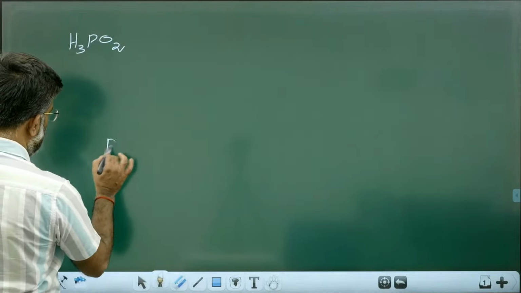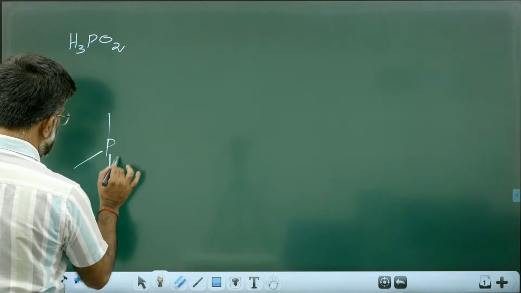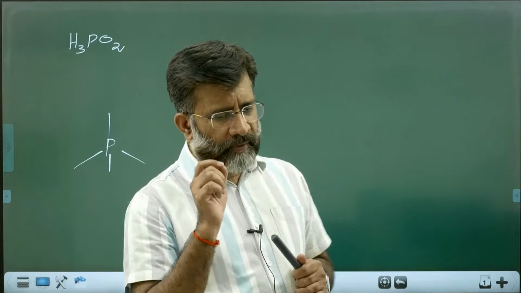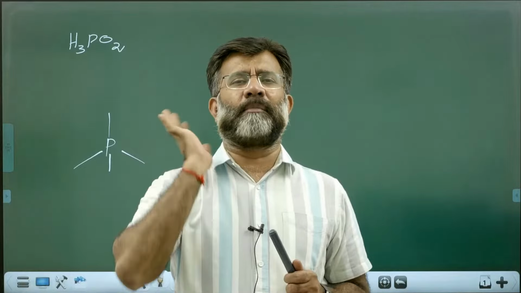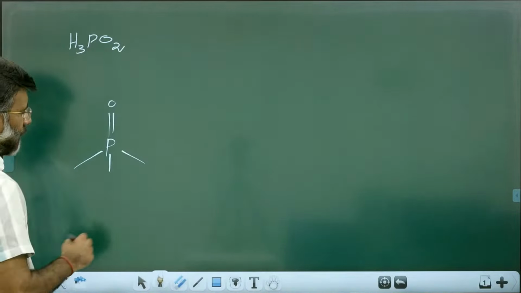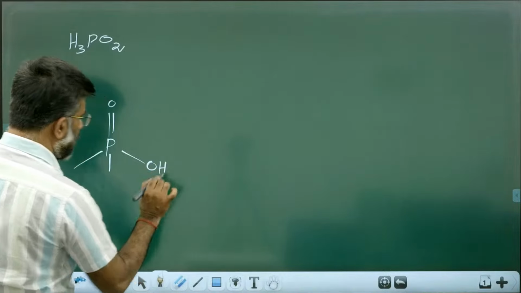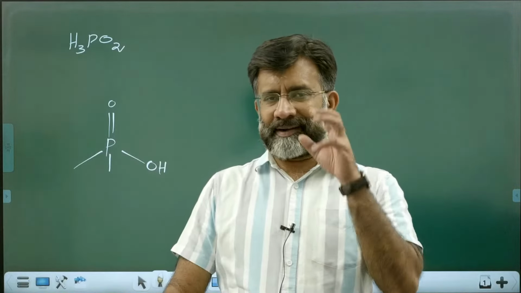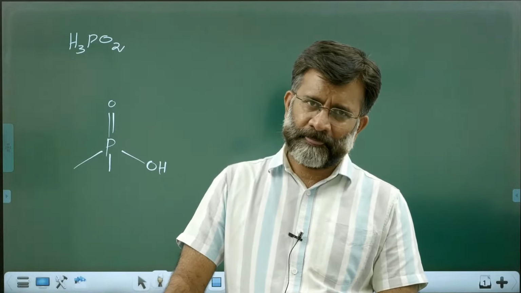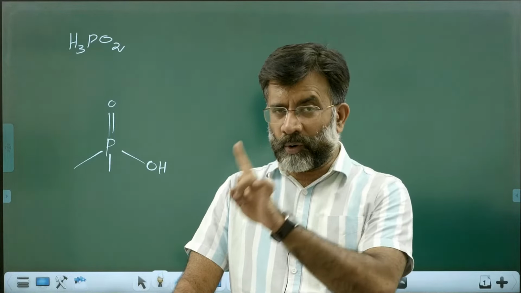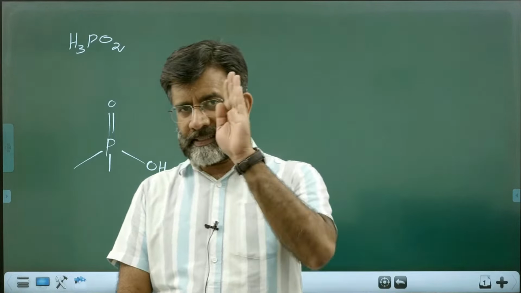So you can write phosphorus, 1, 2, 3, 4 like that. Now there will be minimum one P=O double bond, and there will be minimum one P-OH bond. That is an essential bonding present. So tetrahedral geometry, number 1, P=O double bond, number 2, P-OH bond, number 3. This is essential.